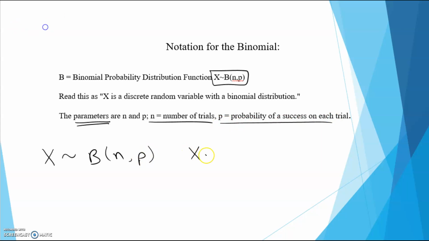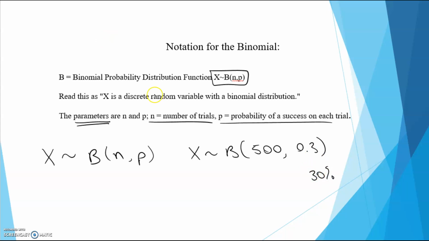Okay, so we could have something like, we looked at 500 trials, and the probability of success would be 0.3, or that's saying about a 30% chance of success.